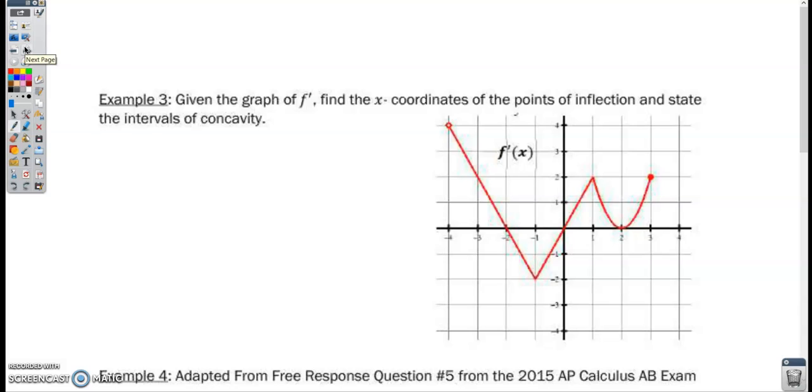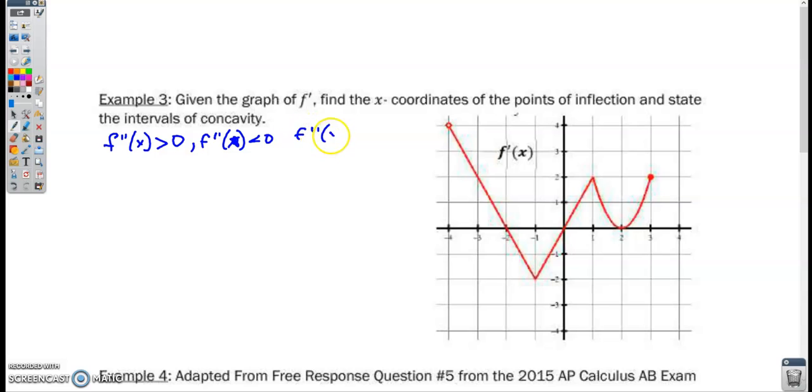Given the graph of f prime, find the x-coordinates of the points of inflection and state the intervals of concavity. Okay, so realize in order to talk about concavity, we're interested in where f double prime is greater than 0 and where f double prime is less than 0.